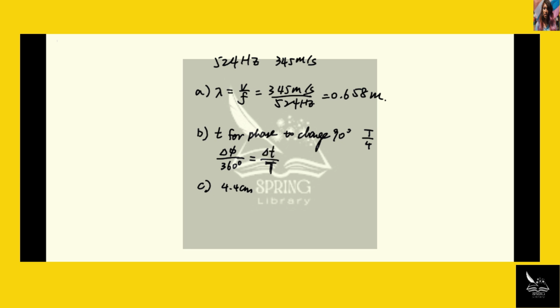So 90 degrees corresponds to a time of 1/4 of a period, because delta T equals delta phi over 360 degrees times big T, which is 90 degrees over 360 degrees times T, which is 1/4 of a period. And we can find the period because period is 1 over frequency, and we already know what frequency is.